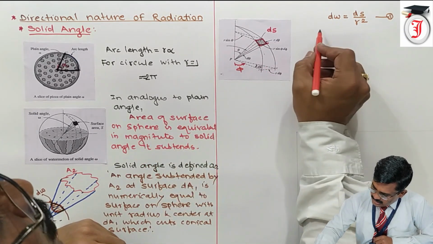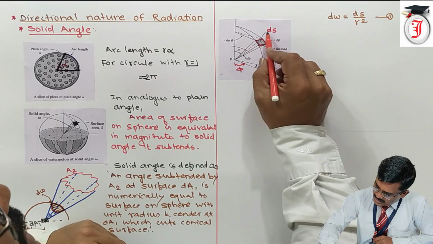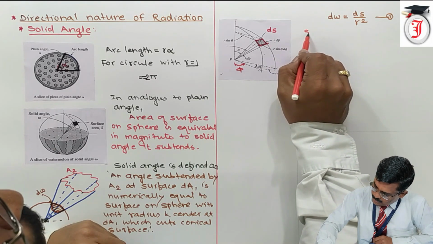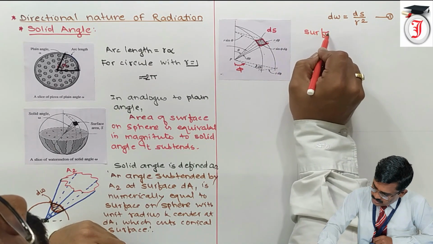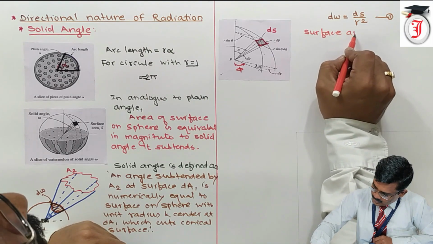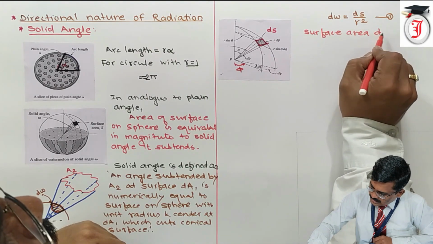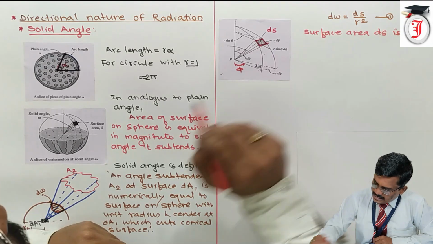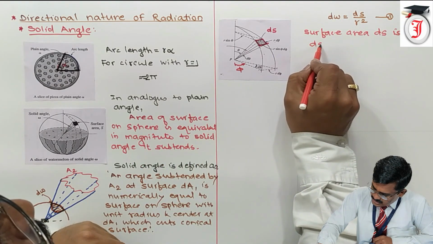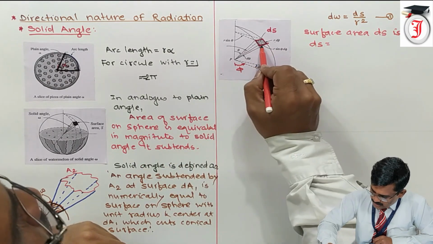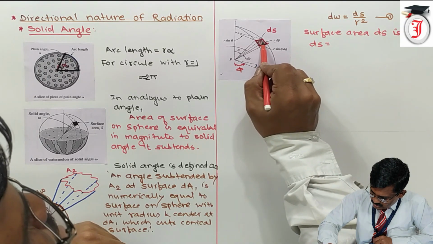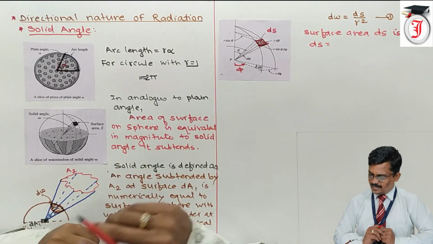Let us calculate the surface area ds. This total surface is ds, that is the surface area.